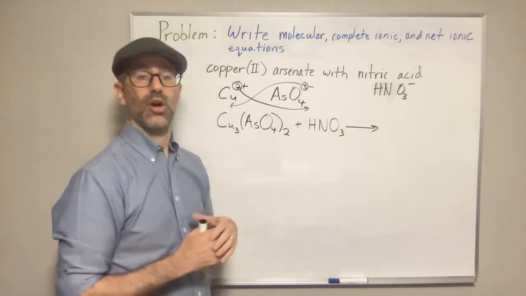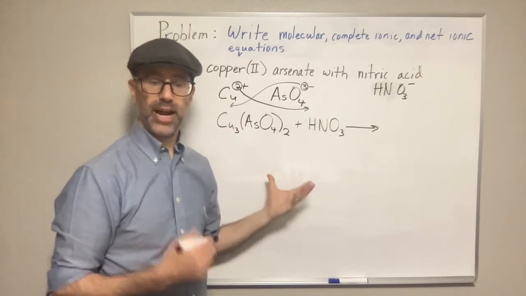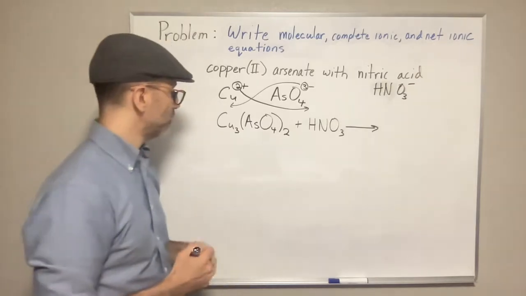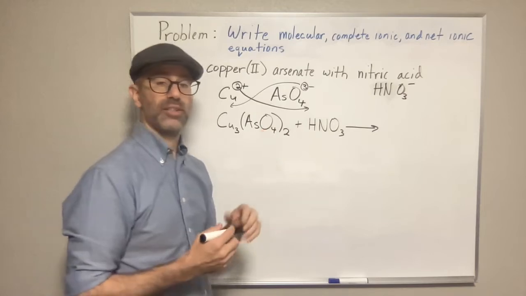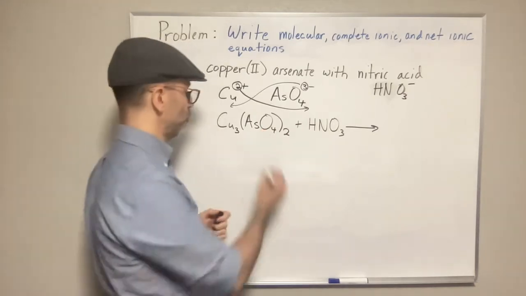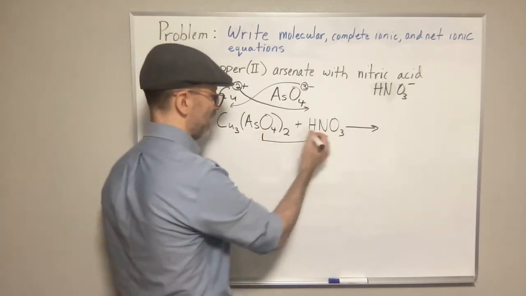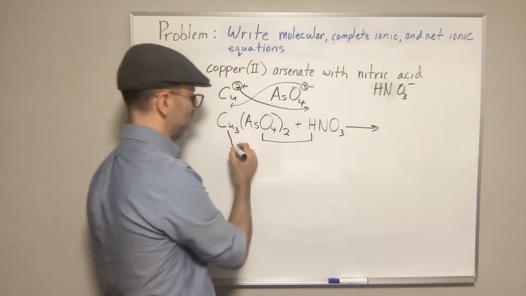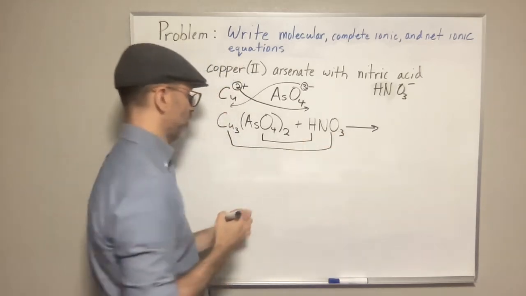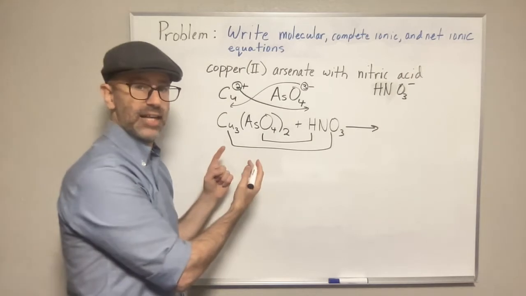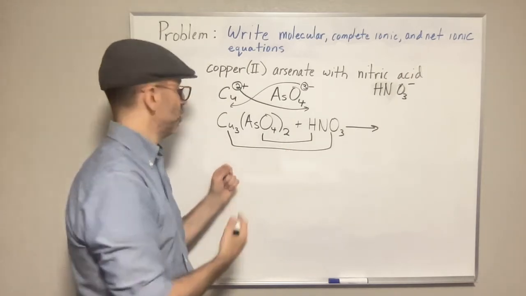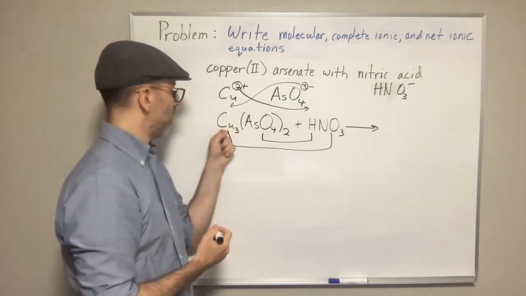And in that case, we can treat this as a double displacement reaction. So it is a double displacement reaction. And to find the products of a double displacement reaction, all you do is you put the inside ions together and you put the outside ions together. So when you're putting the ions together, remember you need to balance the charge. So here we have copper.